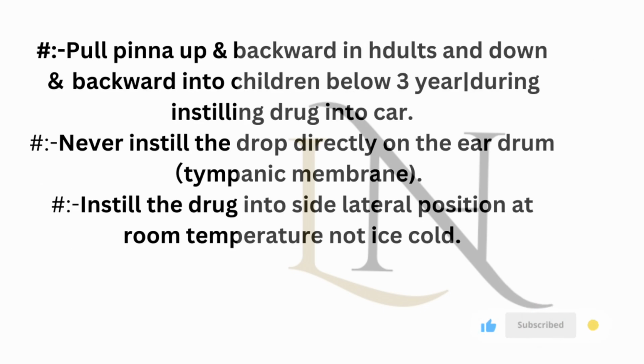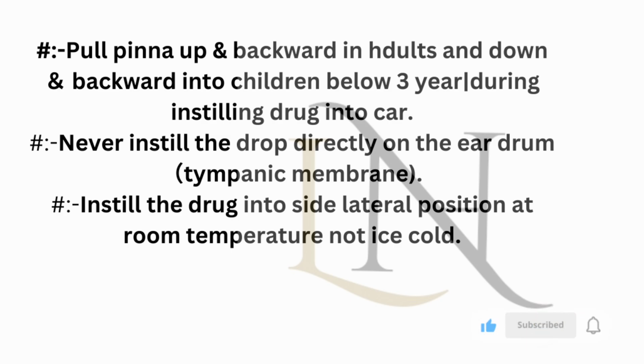Now, pull the pinna up and back in adults, and down and back in children below 3 years of age. When instilling a drug into the ear, never instill the drop directly on the eardrum. Instill the drug into the side lateral position at room temperature, not ice cold.